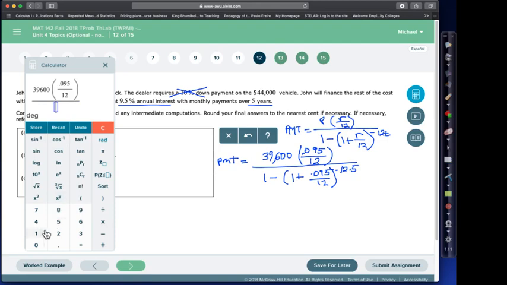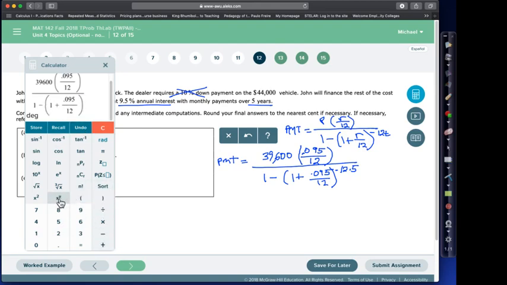It's really cool. 1 minus, parentheses, 1 plus 0.095 divided by 12. That's right, we got to get up here. Then close the parentheses.